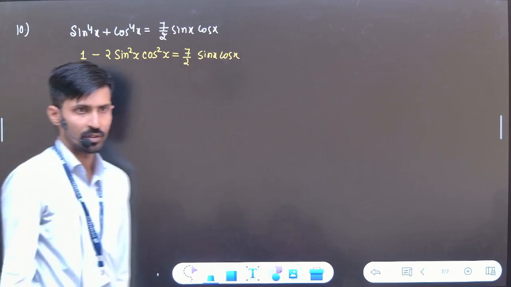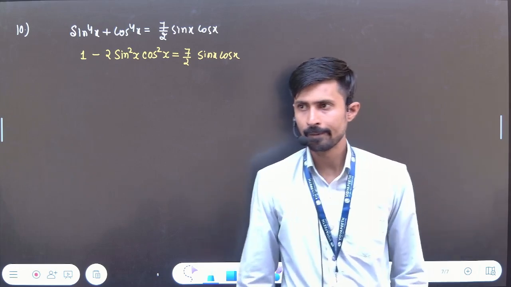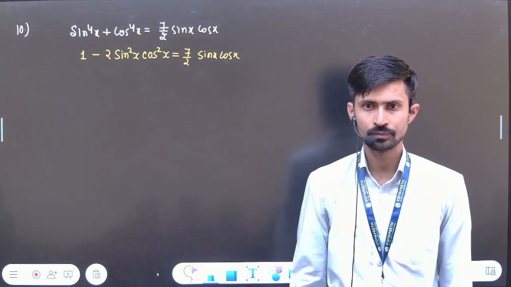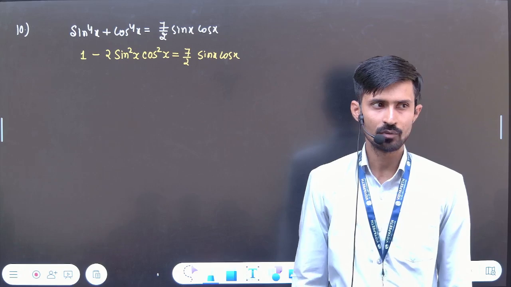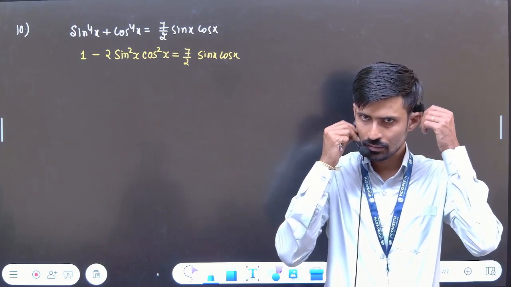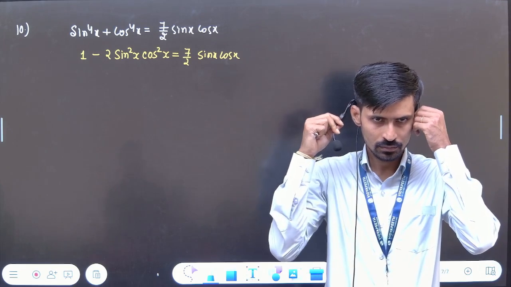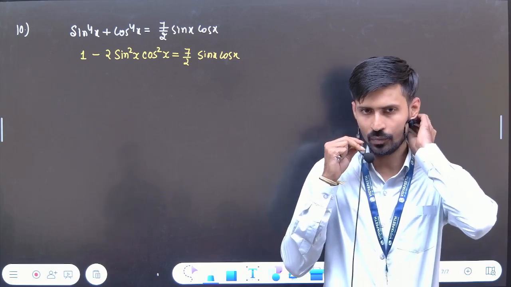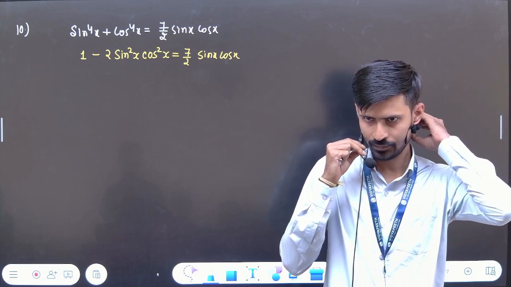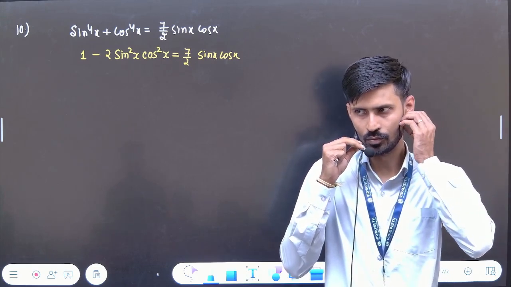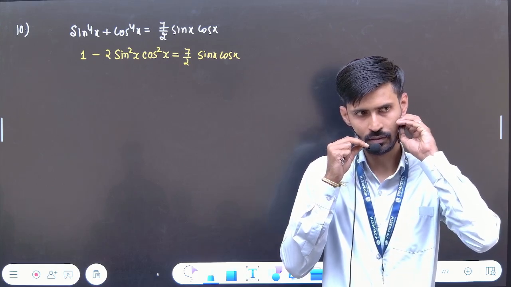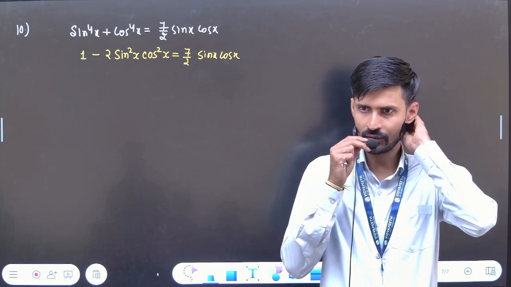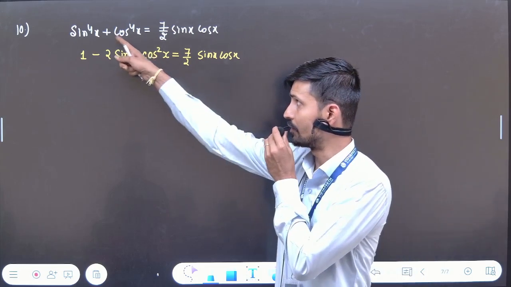Next step, what will I do, Vivek? Tell me here. Sasi, stand up. Tell me what will be the next step here. How many of you know the next step? One, two. I have said the next step earlier, when I was changing into this formula.